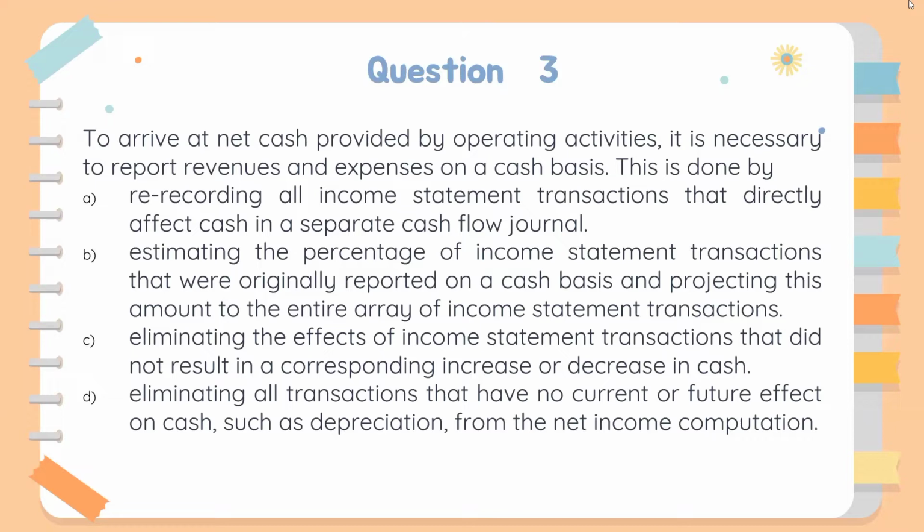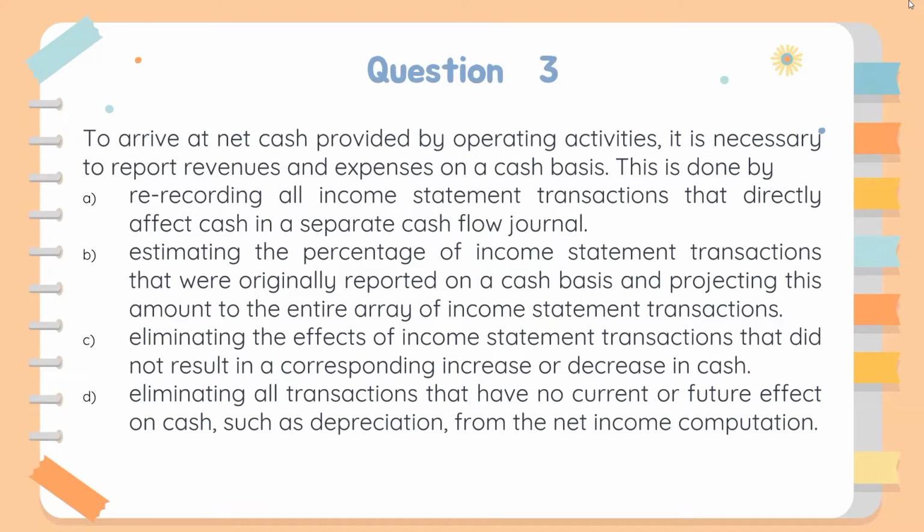Question number 3. To arrive at net cash provided by operating activities, it is necessary to report revenues and expenses on a cash basis. This is done by A, re-recording all income statement transactions that directly affect cash in a separate cash flow journal.